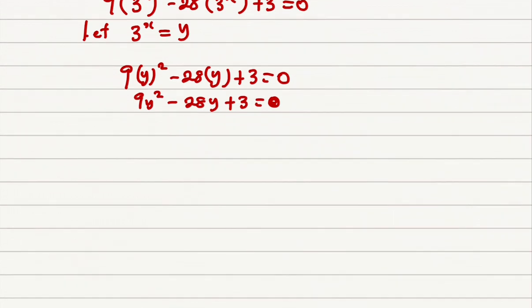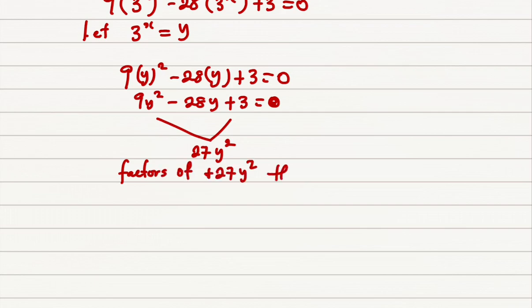From a previous video, I showed you how to solve quadratic equations. So I'm going to multiply these two, and I'm going to have 27y squared. So I need factors of plus 27y squared that will add up to minus 28y.